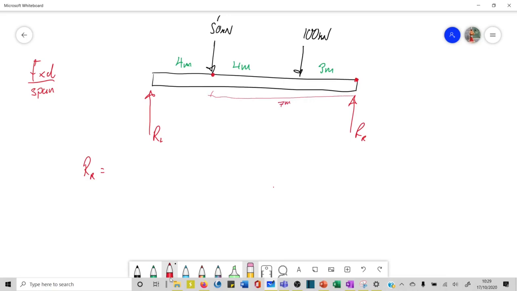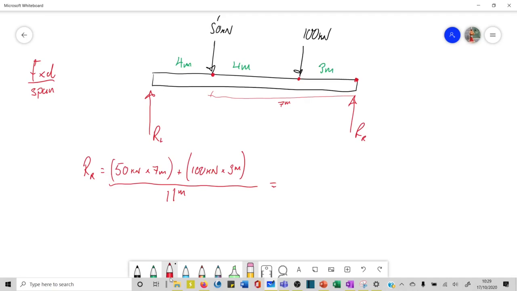Therefore the force is 50 kilonewtons times 7 meters, plus the shorter distance there from there to there, so the force is 100 kilonewtons times 3 meters. And then we're going to divide that by the span, which is 11 meters.